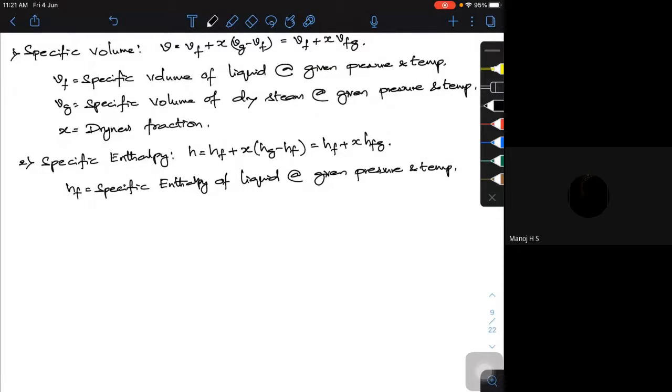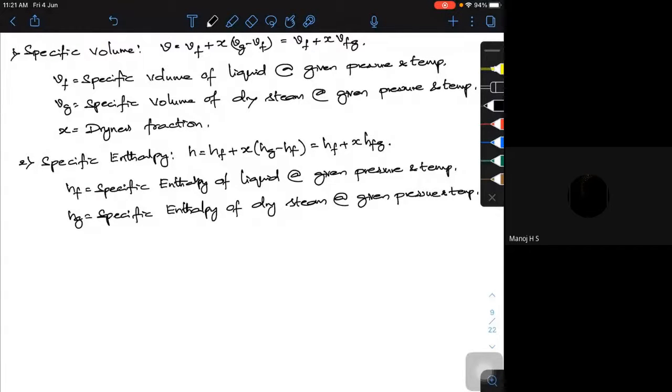Similarly, Hg is the specific enthalpy of the dry saturated steam at the given pressure and temperature. This is how you can get it. Similarly, we can calculate each and every specific property. This is for the specific volume, and we have the specific enthalpy.